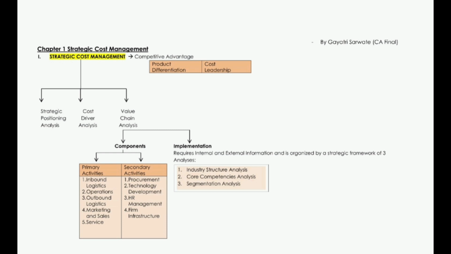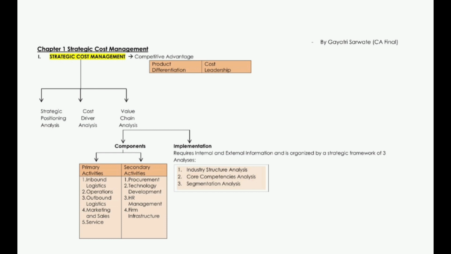The structural cost drivers are the organizational factors which affect the costs of a firm's product. These structural cost drivers depend upon the scale and scope of the operations, the technologies and the complexity of the operations, the experience or the learning curve of the firm.